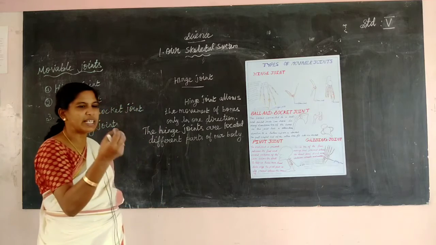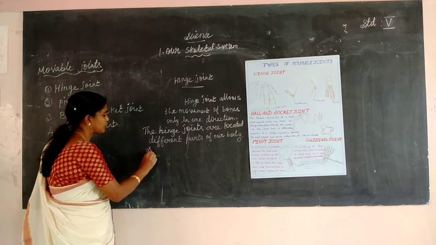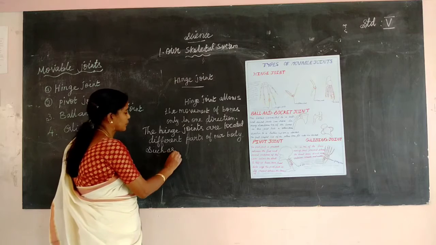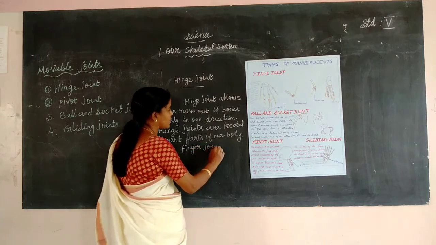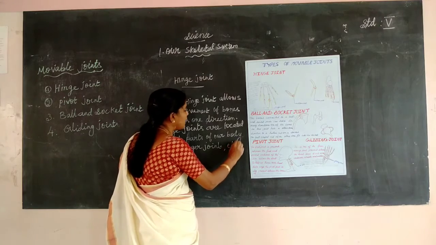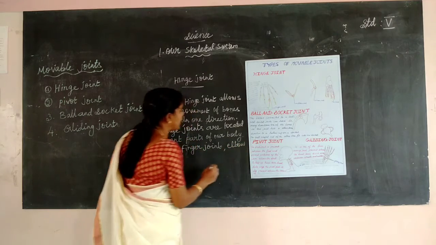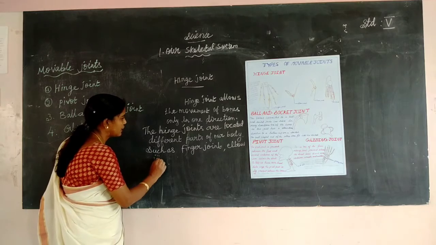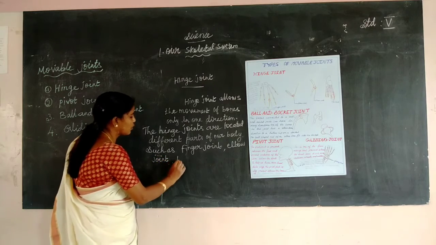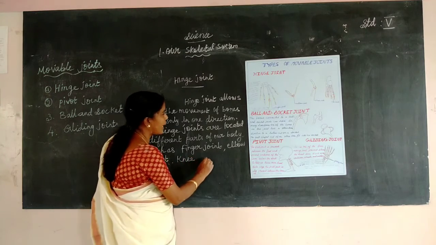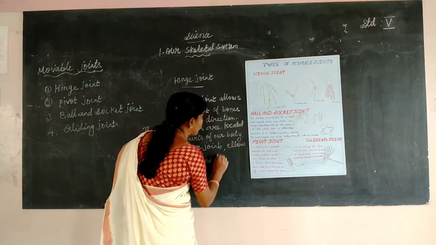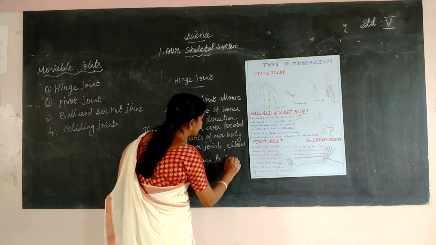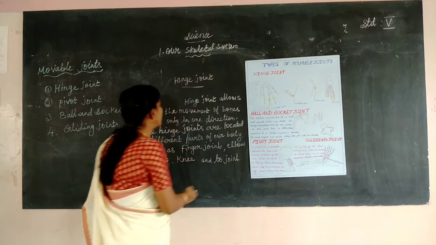Such as finger joint, elbow joint, knee, முட்டு, and toe joint, கால்ல. இதான் வந்து எந்த ஜாயிண்ட்?